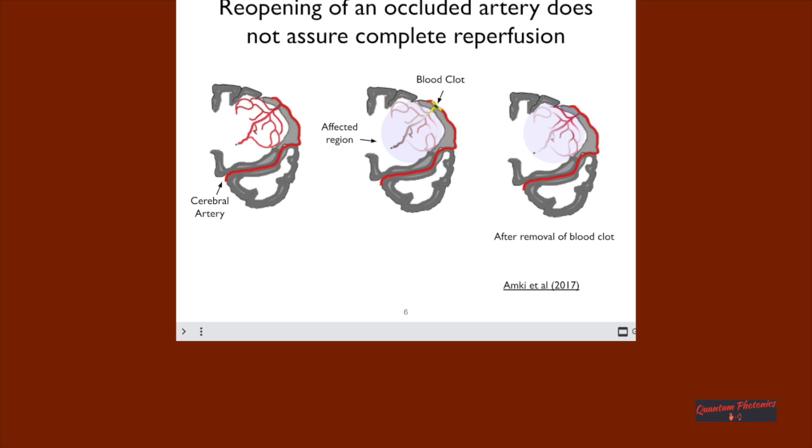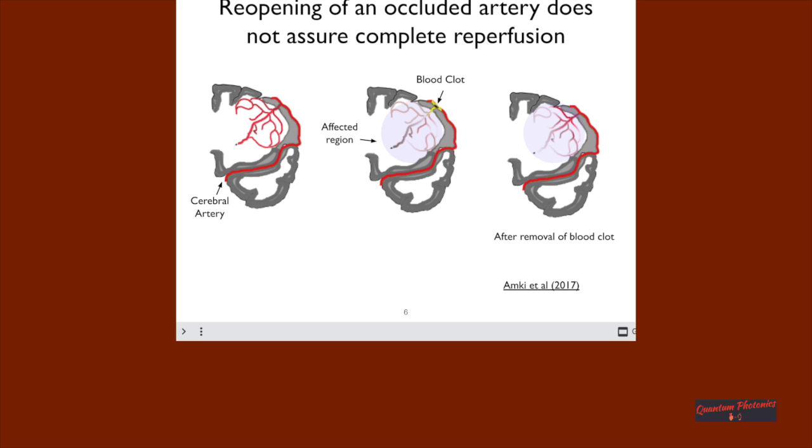in a certain region which is downstream from the artery, what happens is that even after removing the blood clot by using some medical procedure, the blood flow in this downstream region, which I have shown in the schematic by this pink shaded region, does not go back to normal.